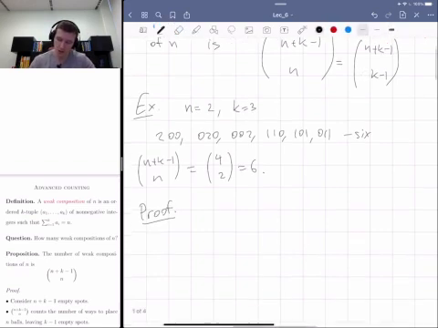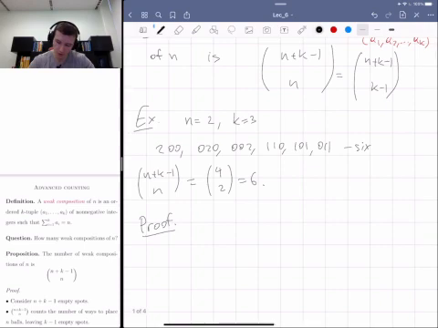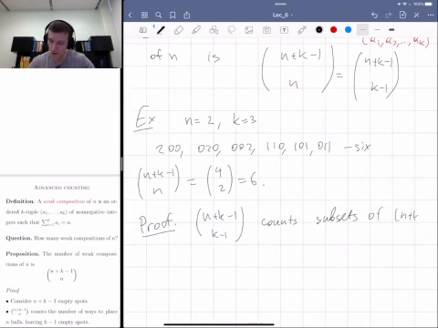Right, so n plus k minus 1 choose k minus 1 counts subsets of the bracket n plus k minus 1 of size k minus 1.